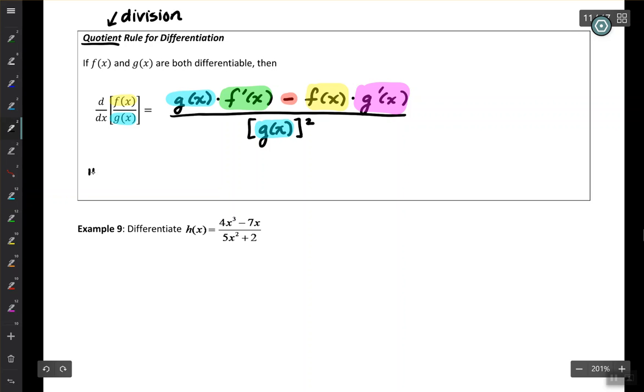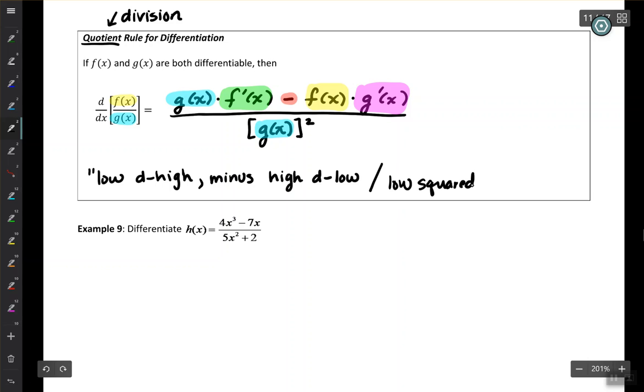So that little song, if it's helpful to you: low, d for derivative, d high, minus high for numerator, d low, derivative of the denominator, all over low squared. Maybe I can write all over, divided by.